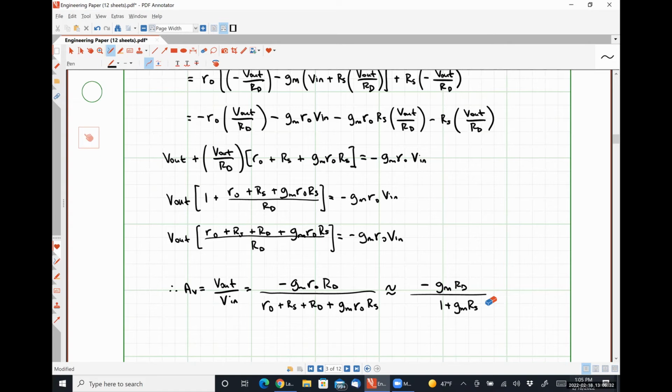That's effectively what's happening here as well, except we have this source degeneration term messing with our gain a little bit too. So yeah, seems reasonable.